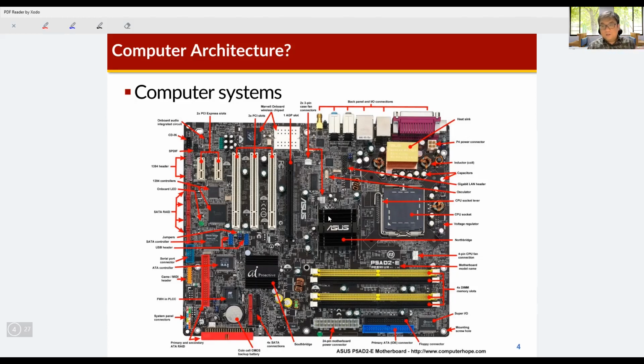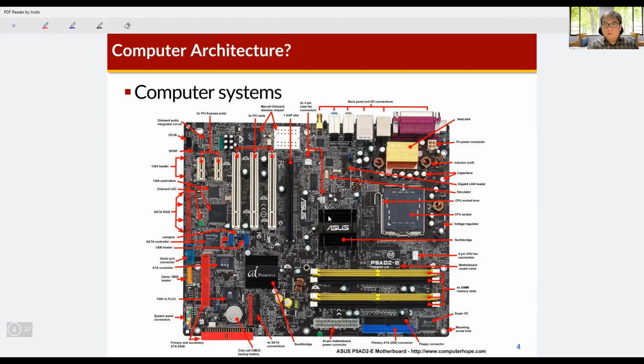So these are some areas of computer architecture. When we say this computer system includes various types of components, okay? Like the CPU, memory, input output devices, networks, also the mainboard chip, PCIe.